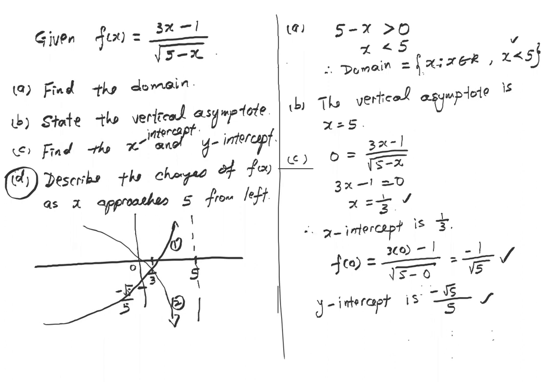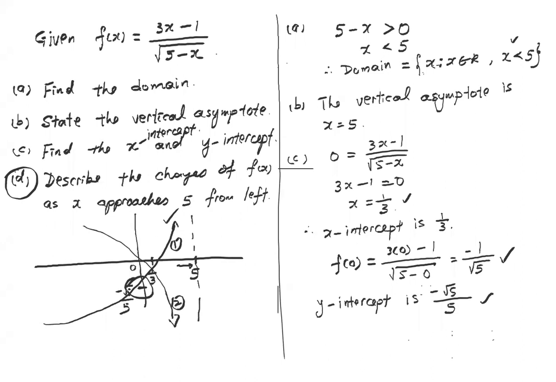But if you look at it, definitely it cannot be 2 because the y-intercept is here. Based on this idea, you know that as x approaches 5 from the left, your f(x) will approach positive infinity. Am I right? So this is the one.